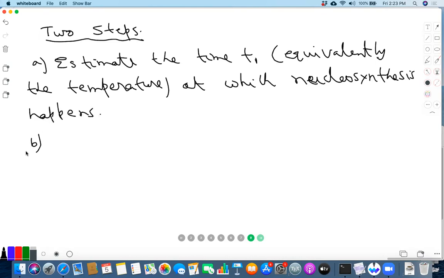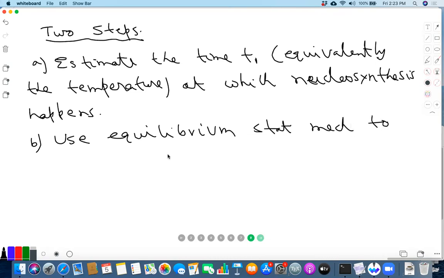That's what our assumption is. And then step B will be to actually use equilibrium statistical mechanics to compute the yi's.